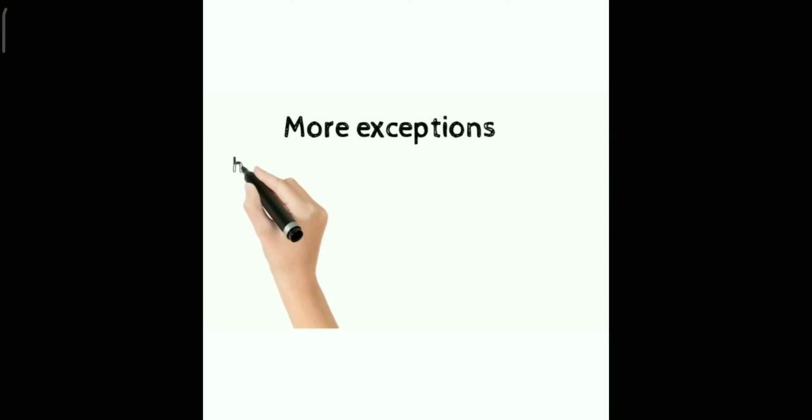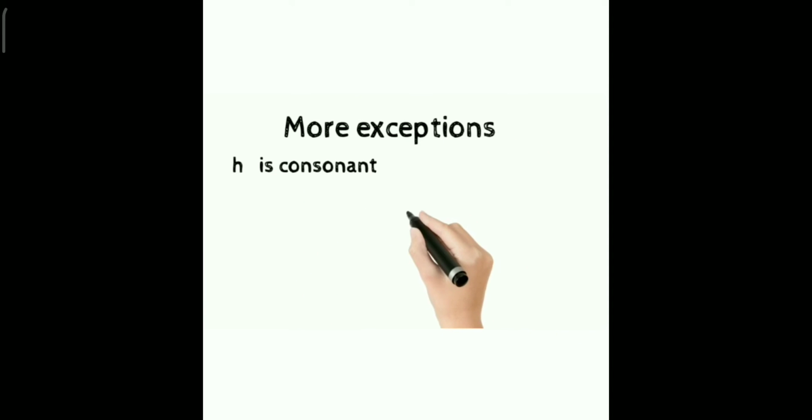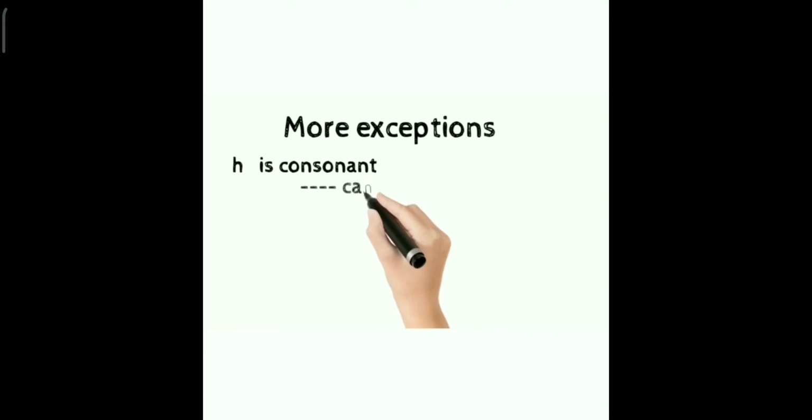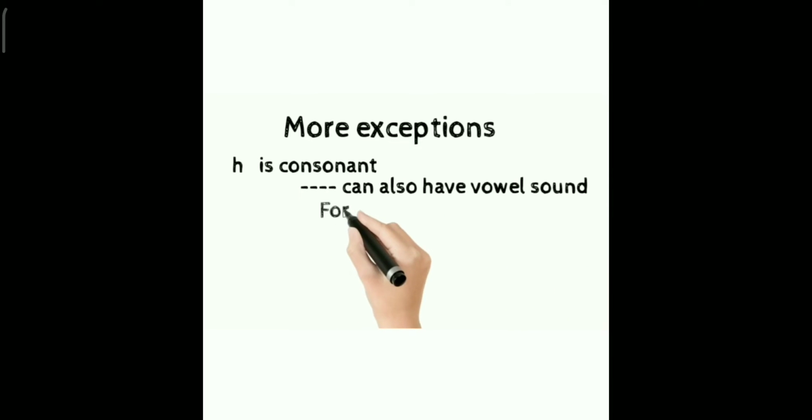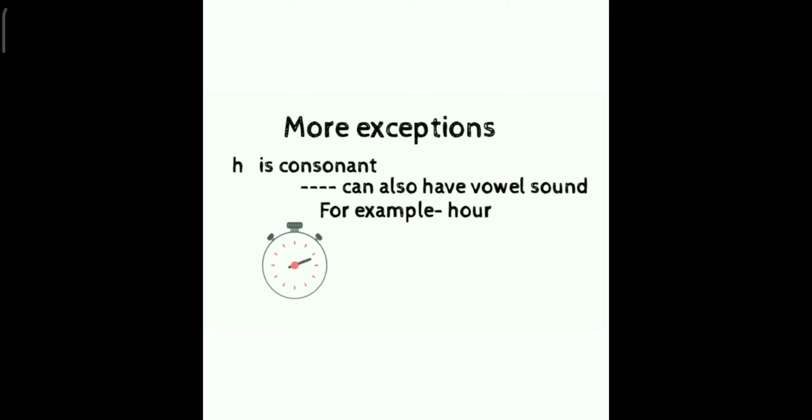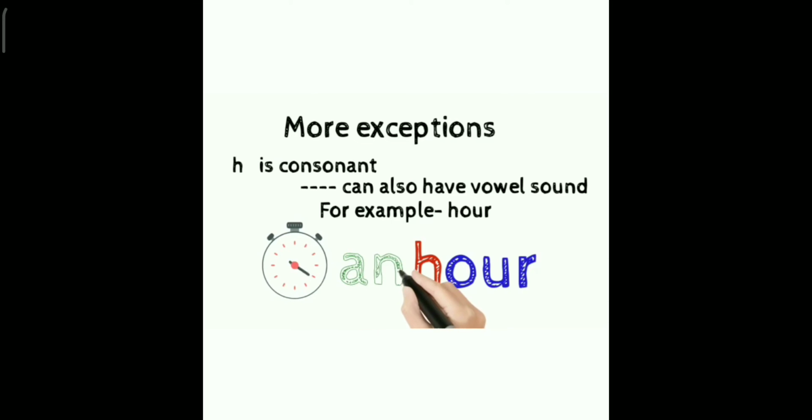Now more exceptions can be in consonants also. H is a consonant, but it can also have a vowel sound. For example, hour. Now it starts with letter H. Can it be a, or no, my dear students? H is a silent letter here, so we pronounce it as our. Our starts with a vowel sound, so it will take an article.